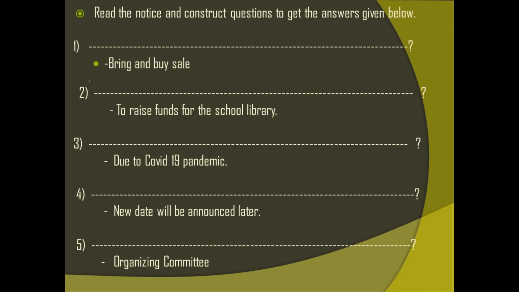Right. We'll write the first question. The answer is given as bring and buy sale. So we can write the question using what? What is the notice about? So we can say it's about bring and buy sale.